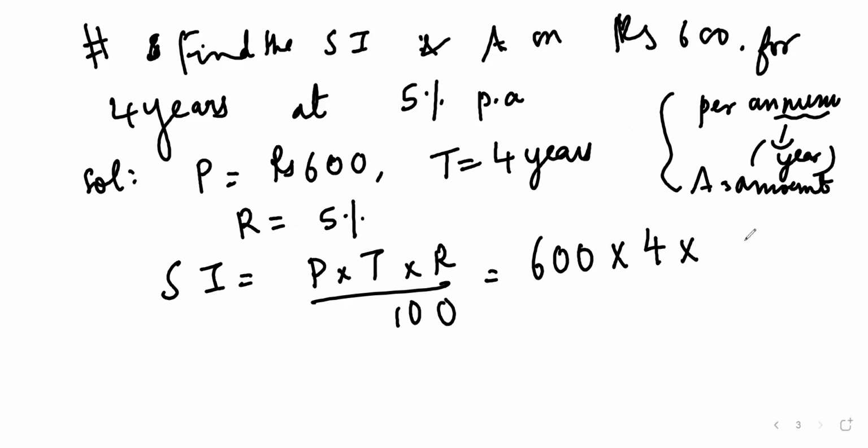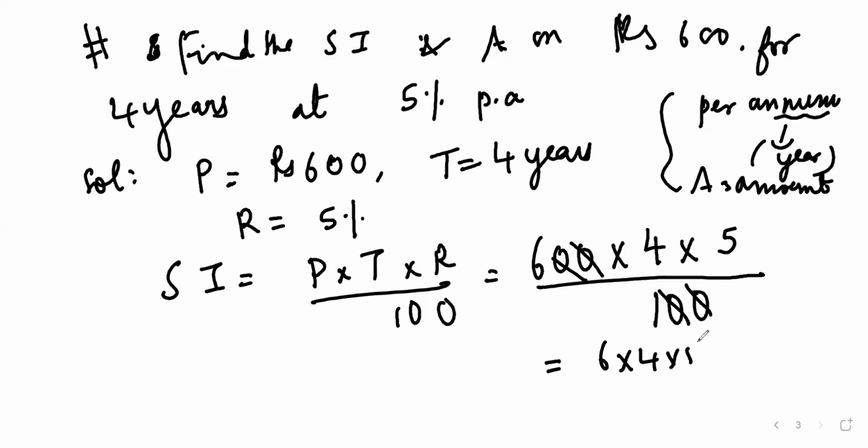P into T into R, R is 5. PTR by 100: principal into time into rate of interest. So 0 and 0 will cancel, 0 and 0 will cancel. So you can multiply 6 into 4 into 5. So it will be what?